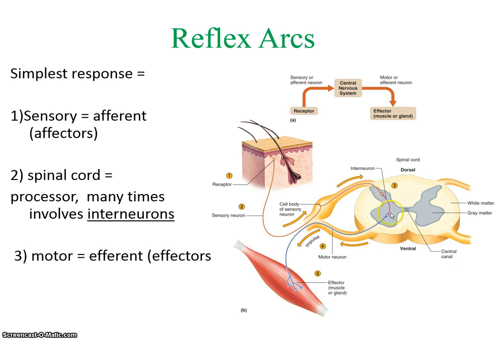In the spinal cord, it is connected, we don't require an interneuron, but often there are, connected to then a motor neuron here. And these interneurons and motor neurons are often multipolar, just to reinforce that.